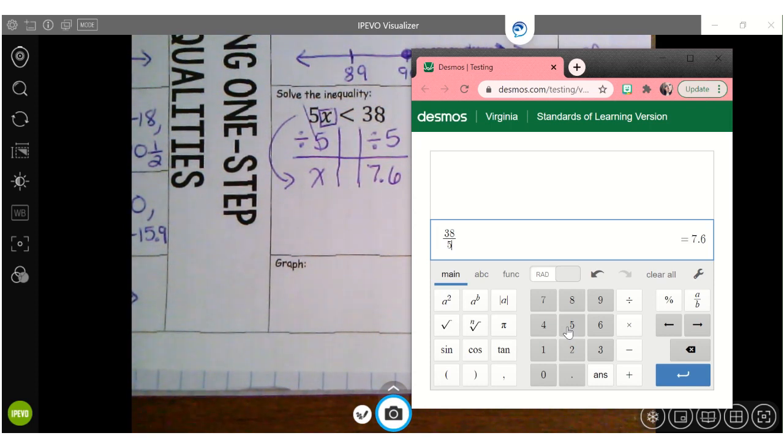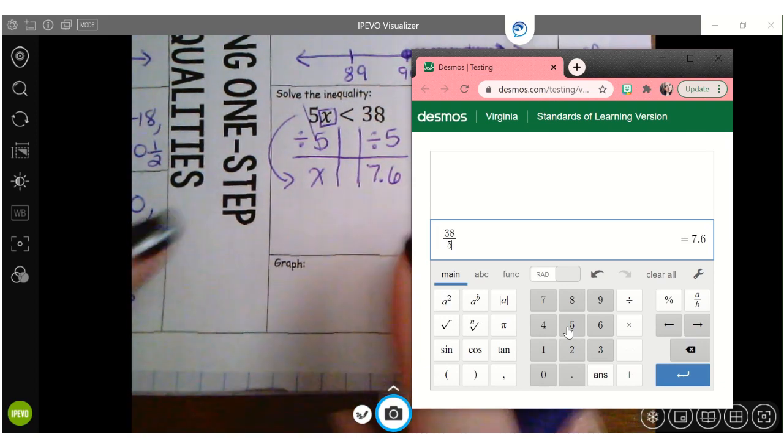Now we're doing inequalities, and you can't just substitute it in your head. You would never come up with 7.6 on your own. So you can get decimals or fractions, and that's completely fine. This is why you have to understand the process, so that you can find the answers without randomly guessing a whole bunch of times.